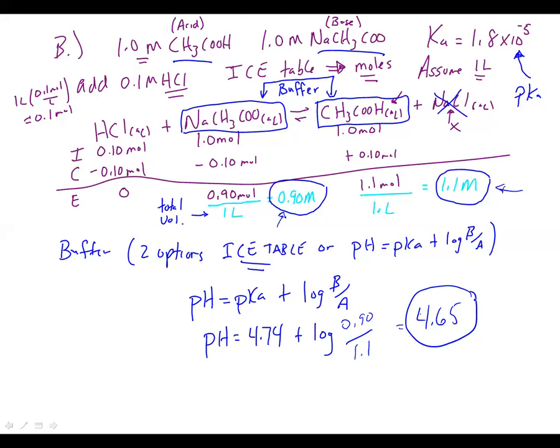And after doing our calculation, our buffer, after we added the acid, ended up at a pH of 4.65. And what we see is the buffer kind of worked there. Our pH started at 4.74. We did not see a dramatic swing in the pH. It went down only to 4.65. So it basically was able to maintain its pH.